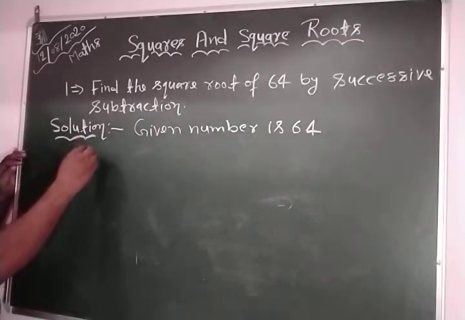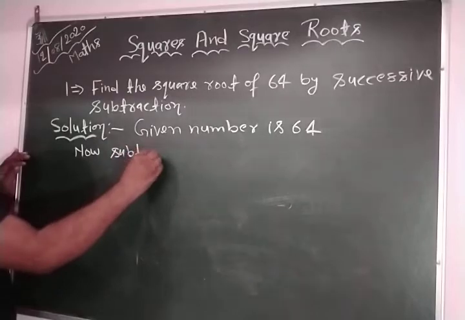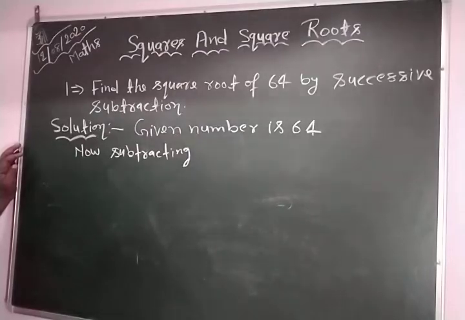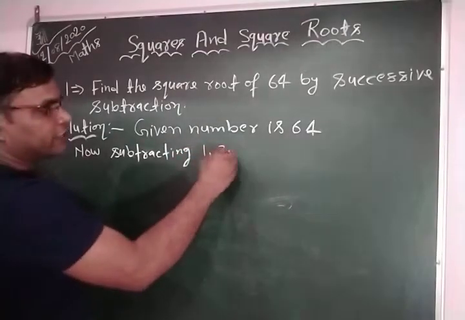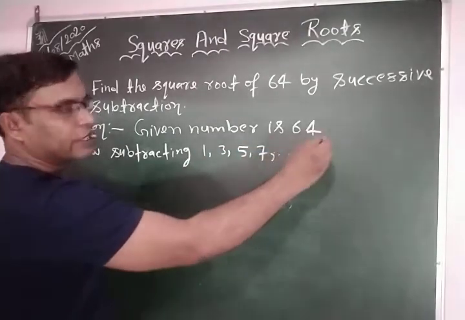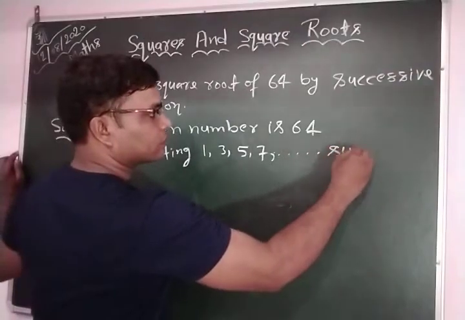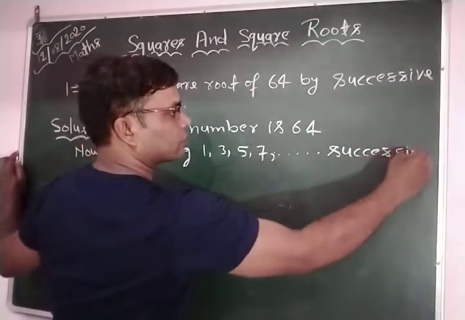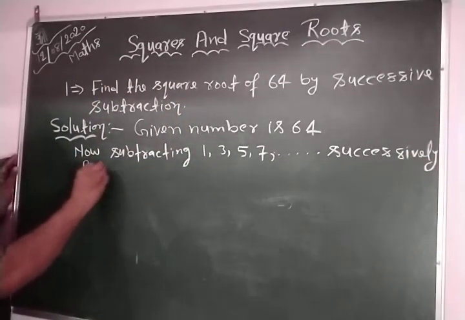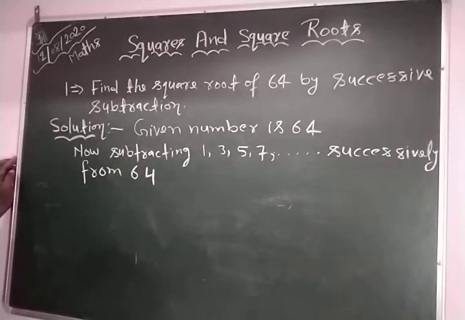Now, what do we subtract here? Odd numbers: 1, 3, 5, 7, and so on, successively from 64, until we get 0.